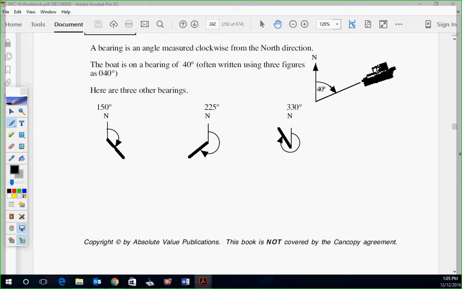Southwest, it'd be right here. What direction would 45 be? Northeast. And then 310? Northwest, okay.